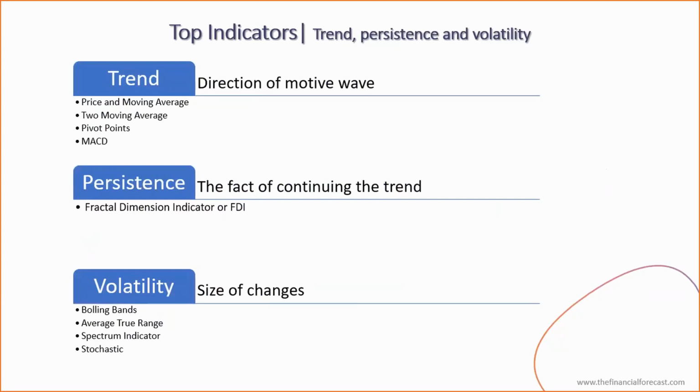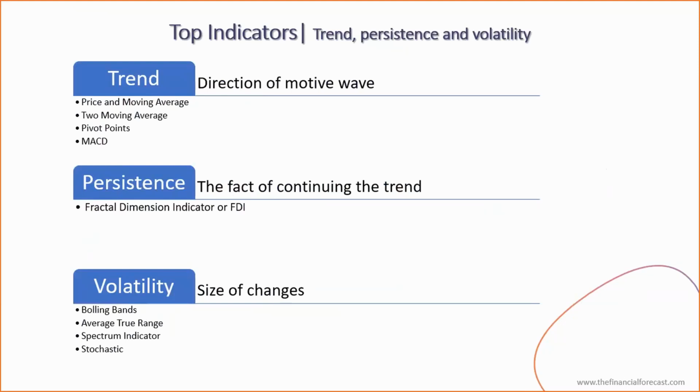And we have a really big set of different indicators that will allow us to choose the one that fits better for the instrument that we are building that strategy for. So for trend, for example, we have the price and the moving average. We have 2 moving averages if we want a slower reaction. We have pivot points and we have the MACD.